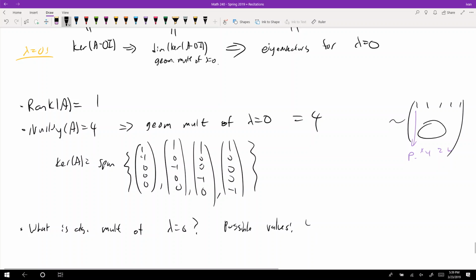So it can be 4 or 5, and the reason why is because 1 is less than or equal to the geometric multiplicity, which is less than or equal to the algebraic multiplicity, and this is less than or equal to n. Okay, so there are all these bounds on what geometric multiplicity and algebraic multiplicity can be. But in general, geometric multiplicity is going to be less than or equal to the algebraic multiplicity. So if I know this is 4, then this has to be 4 or 5.